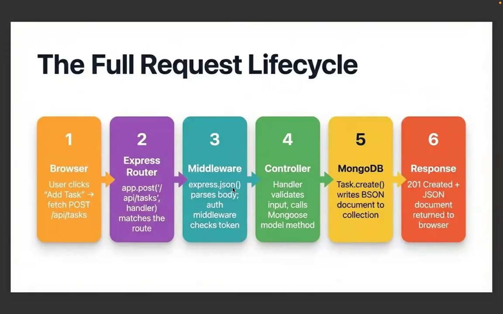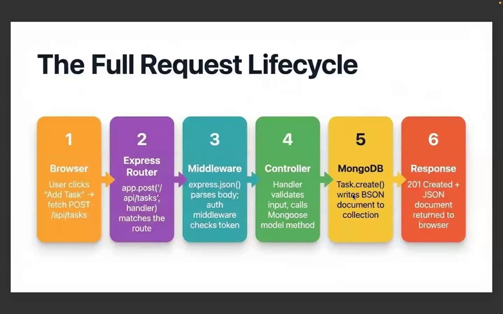Then it might hit the auth middleware function. This checks the user's token, confirms their identity, and attaches a user object to the request. And finally, the validated request reaches the route handler, the controller. The handler uses the data to call a Mongoose method like Task.create, right?